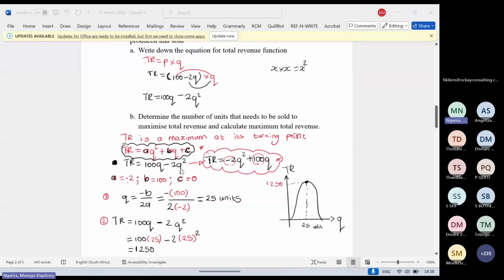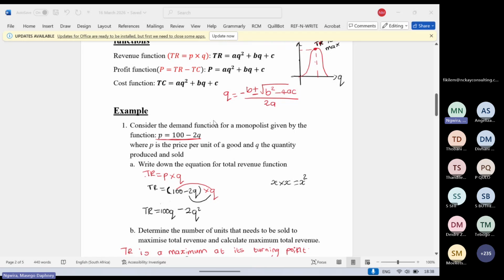You'll see it when we do equilibrium, that's when you're going to see the break-even point. That's where our function is going to have Q squared. When you have a Q squared, you also solve for Q, you're going to use this one. At the break-even point, that's where we're going to use this one, where we're going to have two values of Q.